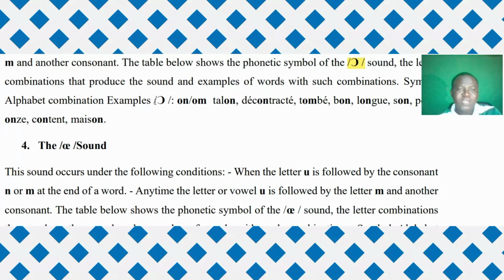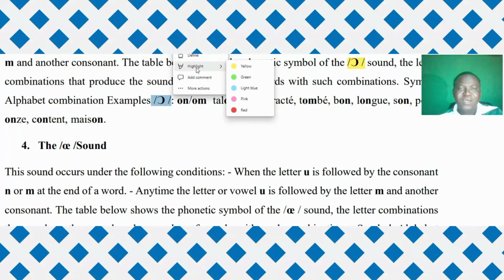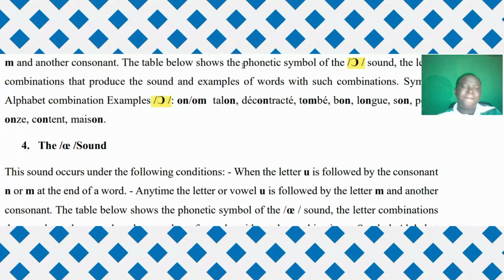Now, if you come back here, we have the example of the O sound. I'm not going to waste much time because of the length of the video. So we have the O sound. Examples of O-N: talon, décontaté, tombé, bon, bonbon, like people do say it, and so on.